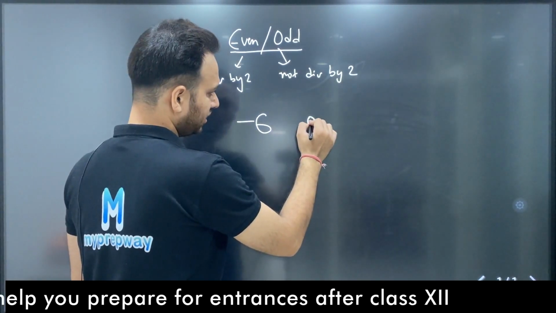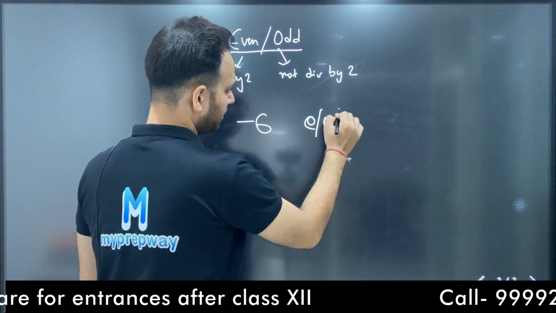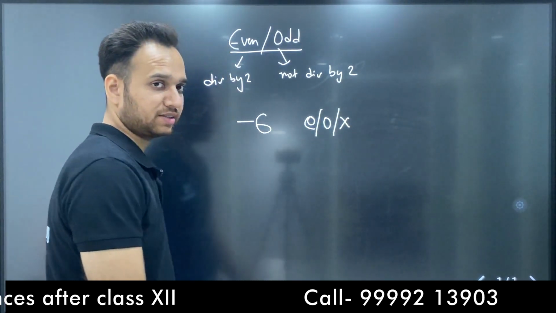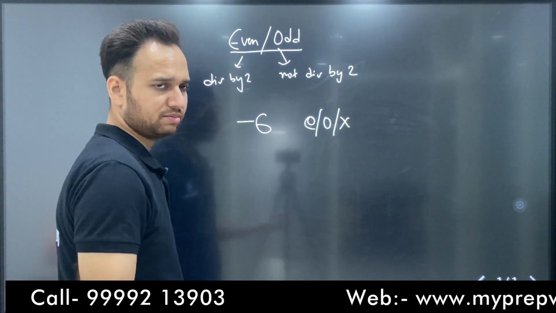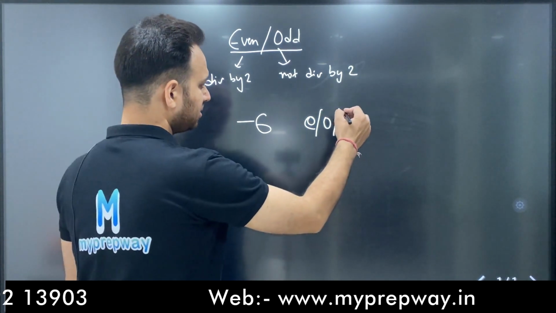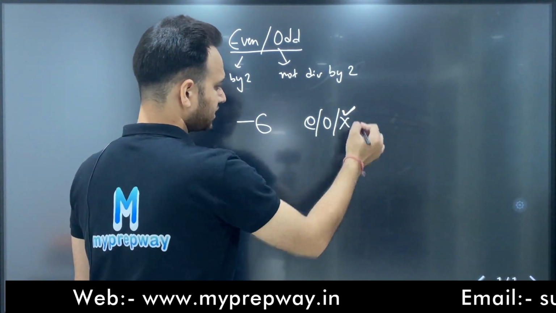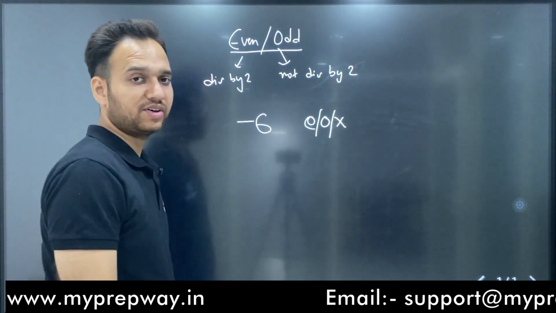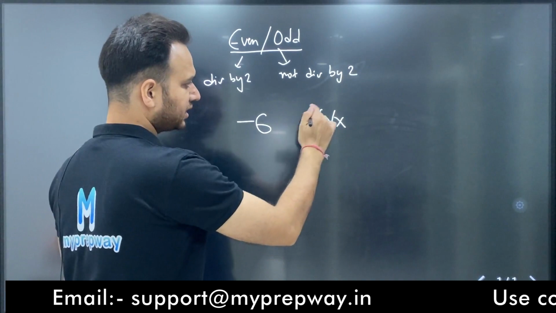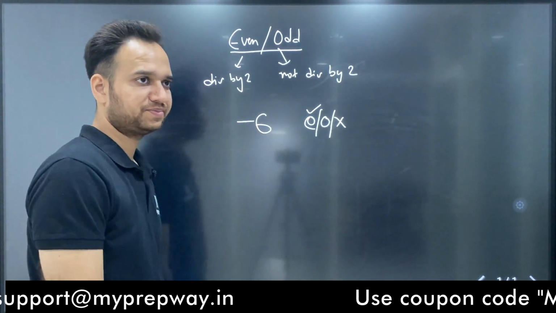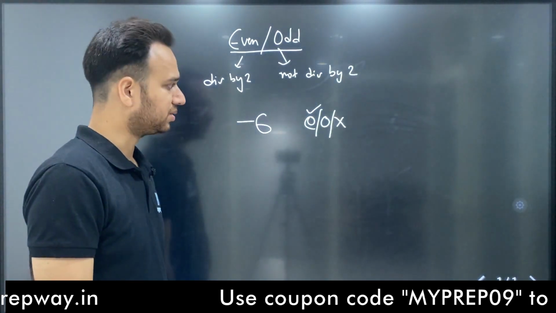Some of you may have guessed it, but -6 is an even number.